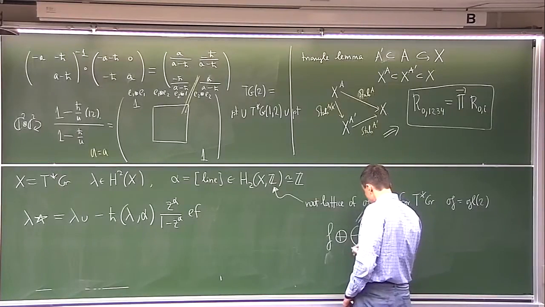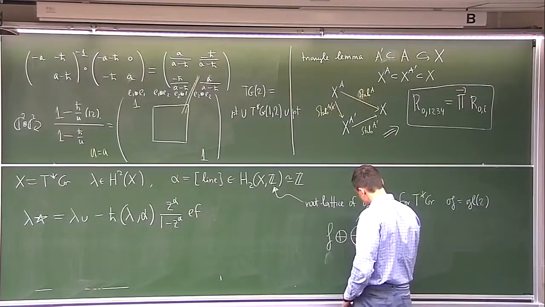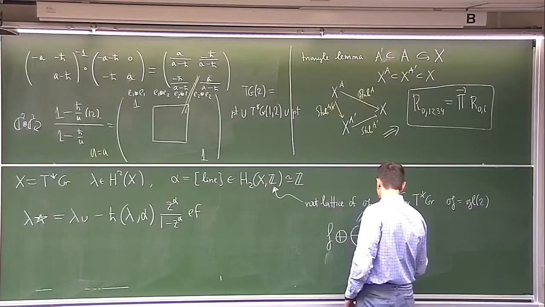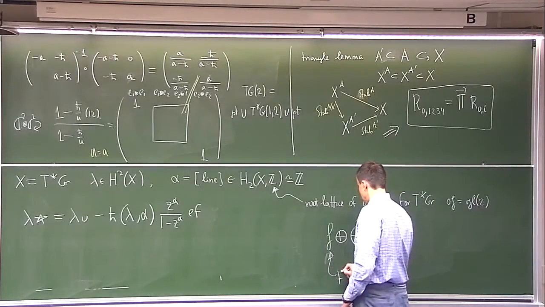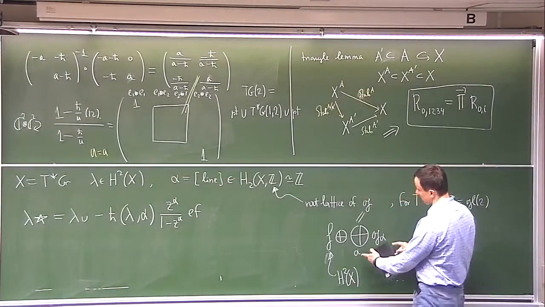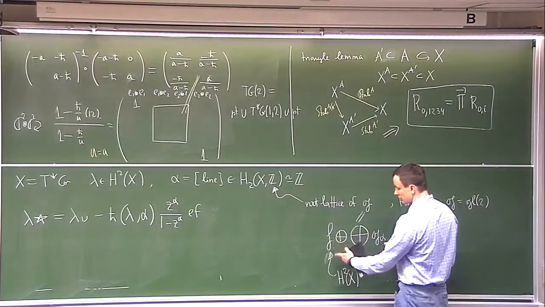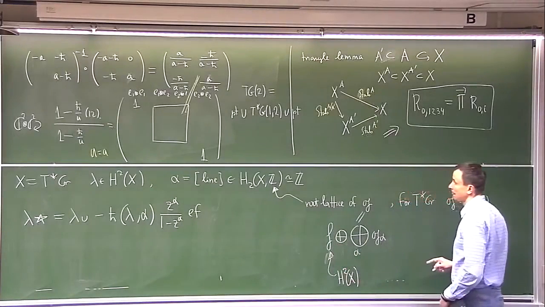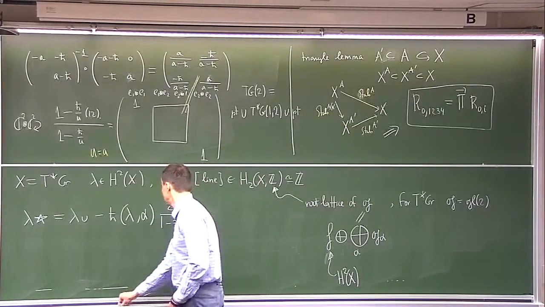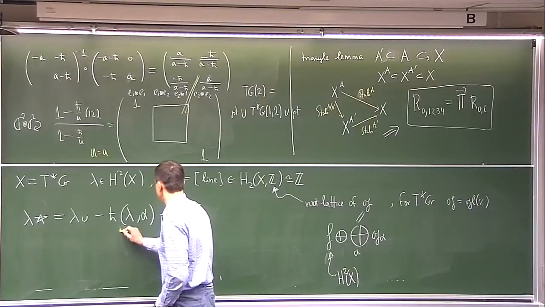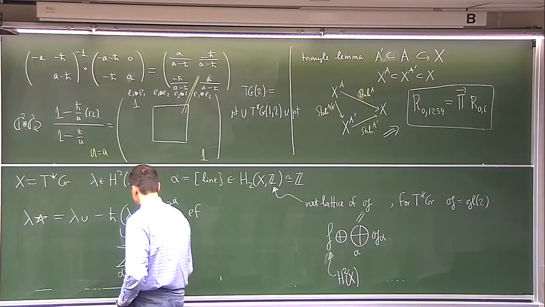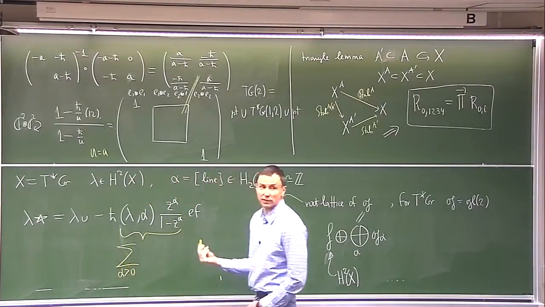This has a Cartan decomposition, so the sum over alpha of G alpha. So this is like H upper 2 of X. And so there's a natural pairing: a root should be a linear function on the Cartan subalgebra. So in general, this thing gets promoted, this thing becomes a sum over positive roots, positive in the sense of effective curve classes.